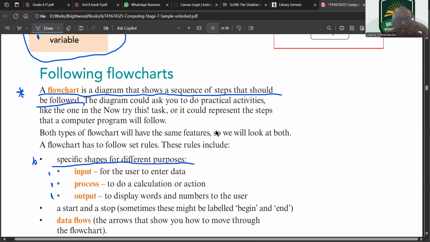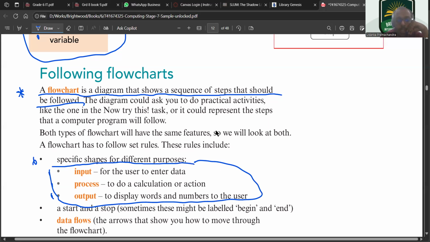Process is to do a calculation or action. Output is to display words and numbers to the users. Write them down. These are the important things to follow: input, process, and output.